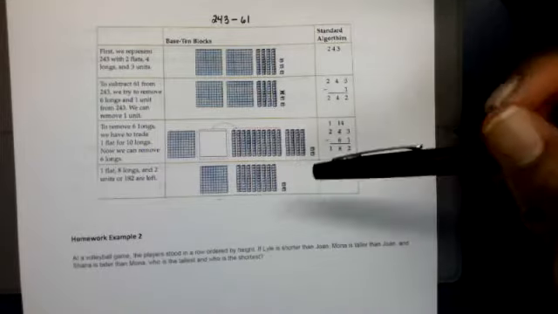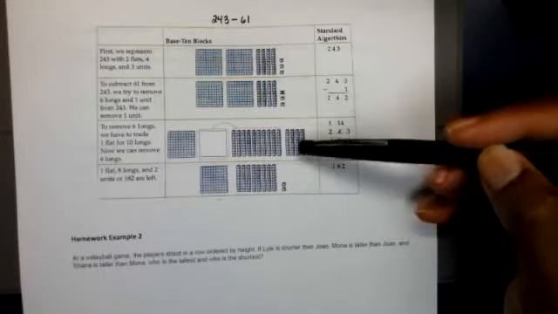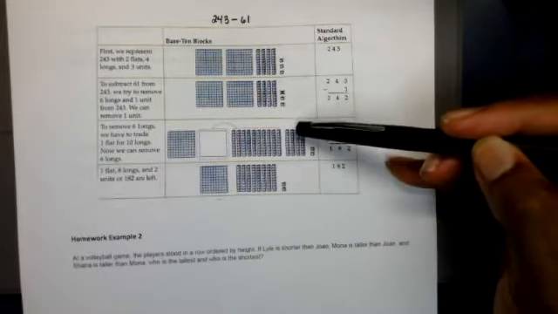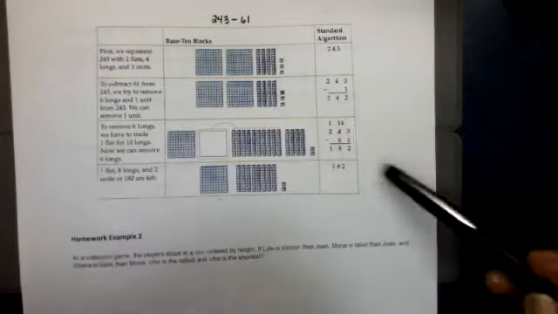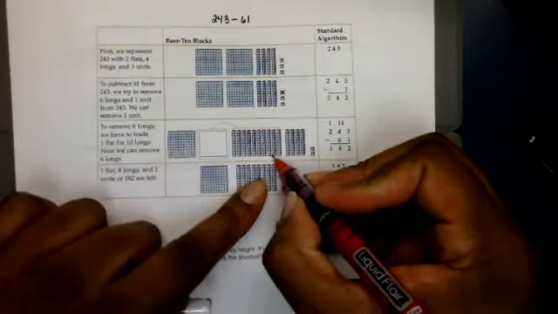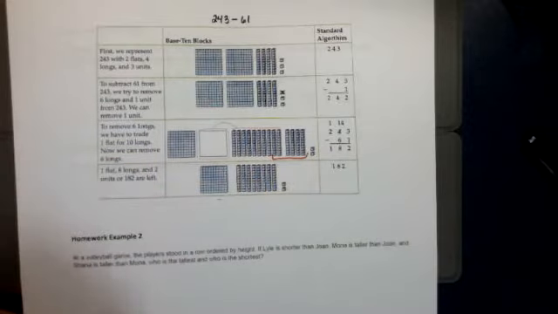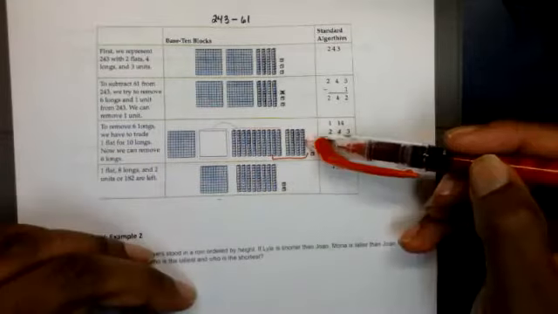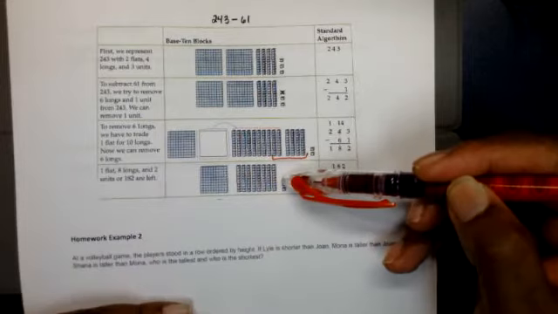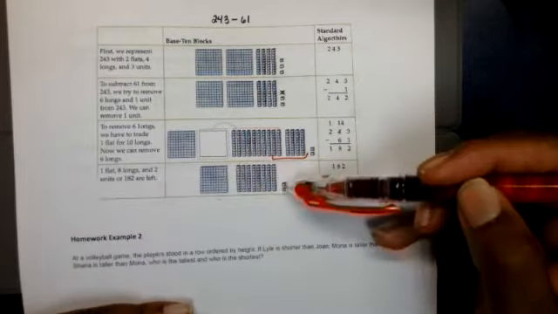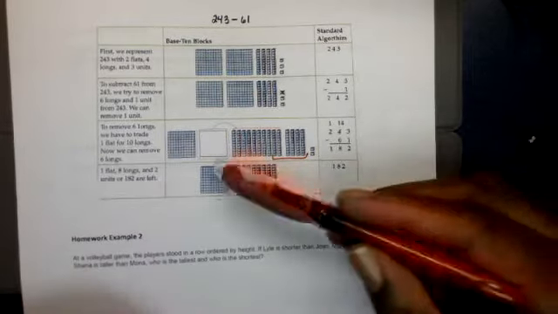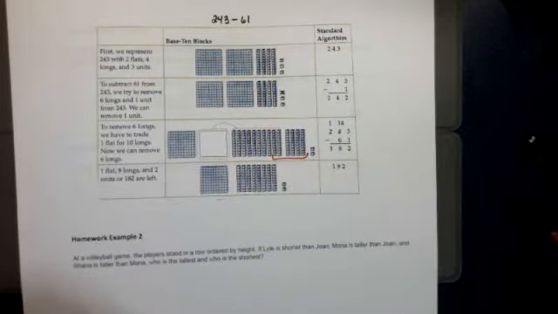And now we can remove the 6 longs here. Once those are removed, we'll be left with 8 longs, along with the 1 flat and the 2 units. So this represents the number 182. So 243 minus 61 would be 182.